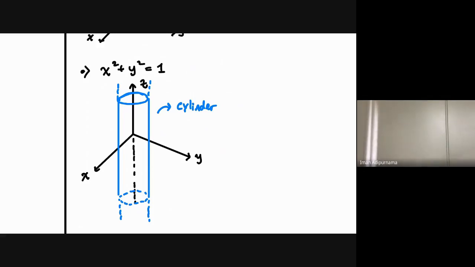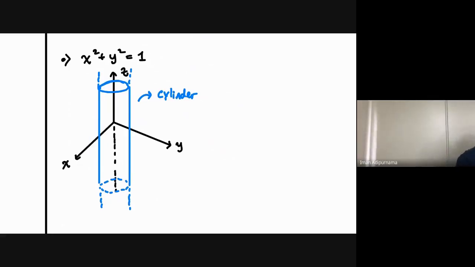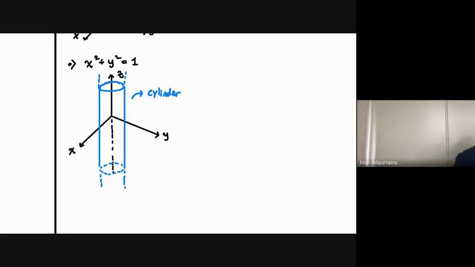And the next thing is, if this is an infinite amount, then we can limit it, maybe from z equal -2 until z equal 2. Then it will be limited to that level. So we have the solid, right? Maybe we can limit the cylinder from here until here, or maybe just a positive one.